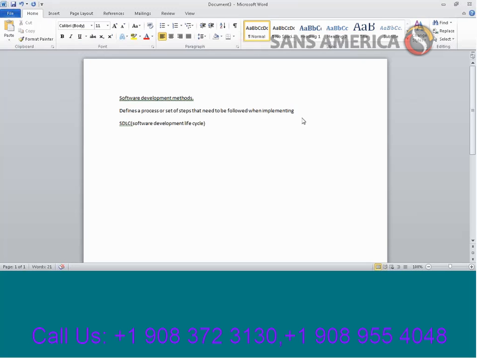Then we also have waterfall model. Waterfall model or methodology. Then RUP model, which is also called IBM RUP. RUP stands for Rational Unified Process.